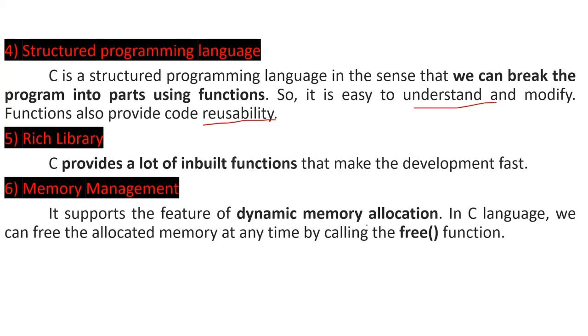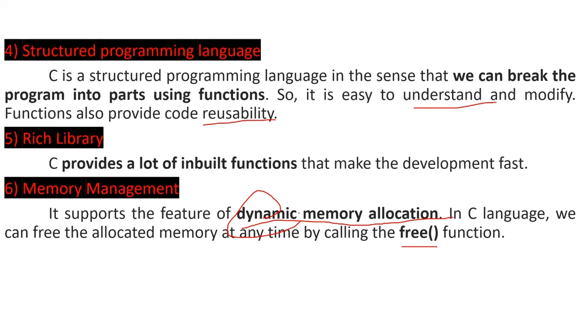In C language, we can free the allocated memory at any time by calling the free function. Free is a function. So when we want free space or we want to store any variables or data in C, we can call the free function. So it is dynamic memory allocation. The word dynamic means at the time of run.